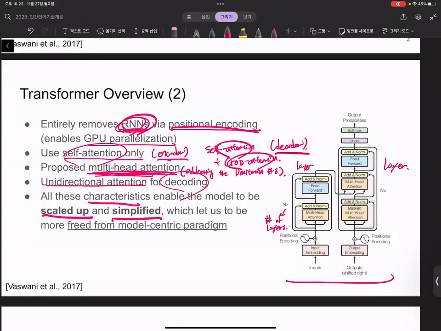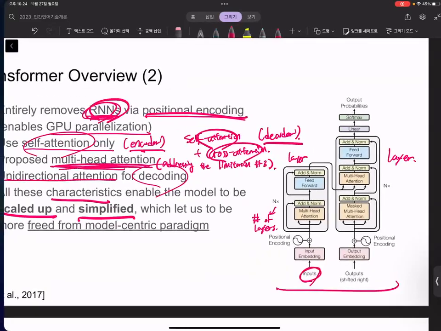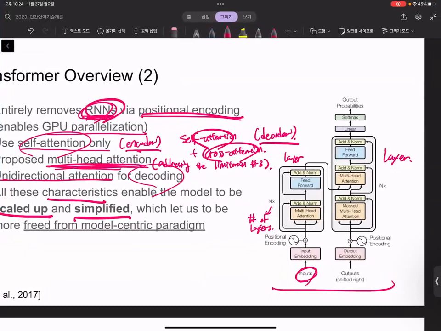Okay? So let's see this figure. The inputs are processed to make embeddings. We already know how to make word embeddings, right? And we add the positional encoding to the input embedding.